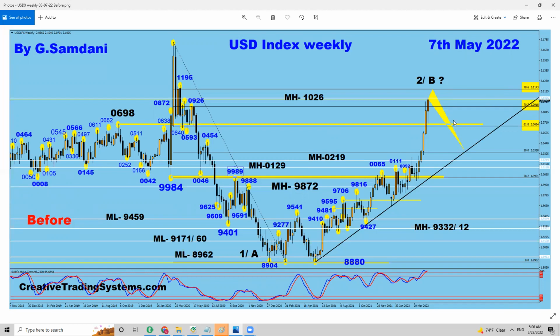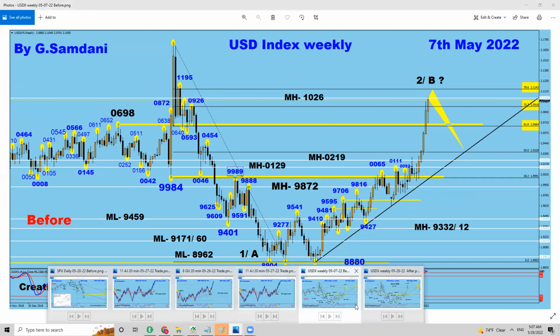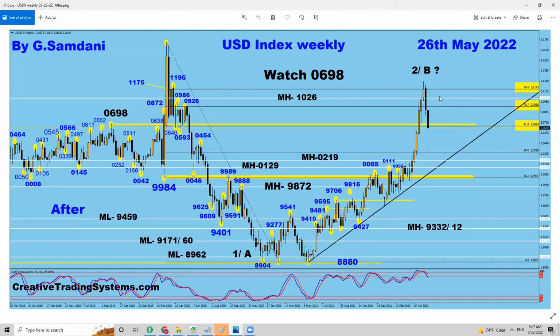But in between, I have this yellow mark here, and the highlighted number is 0698. I highlight this because the first target would be this, break that, and then we can come to this rising trendline. So what happened to this chart as of today is this. You see that? It did exactly what I said.